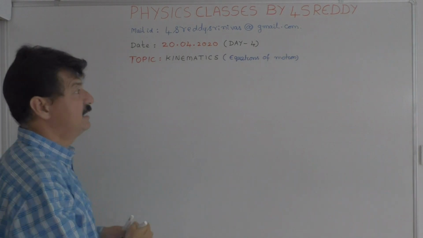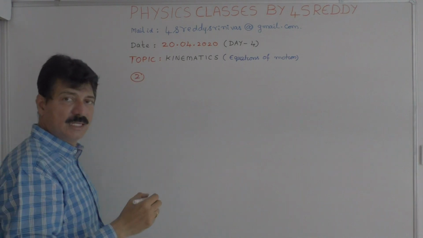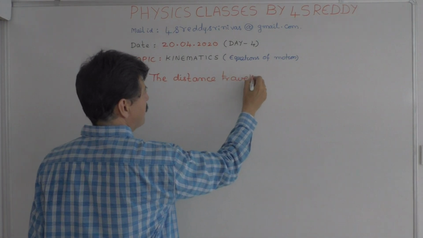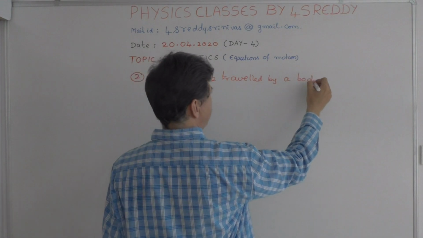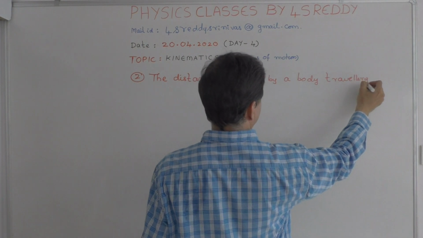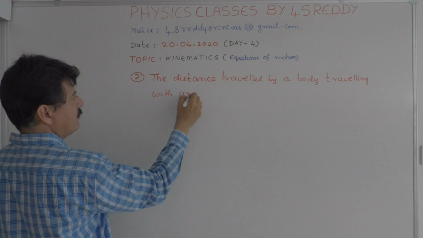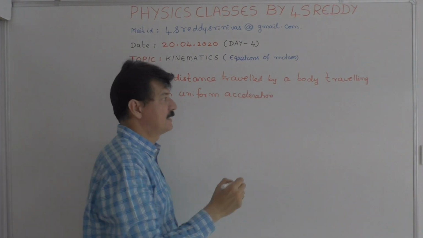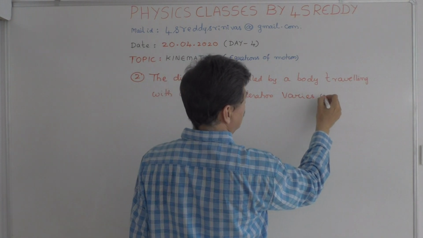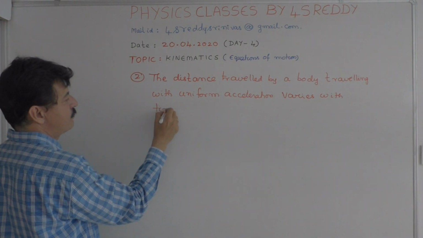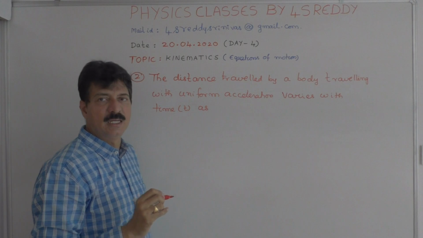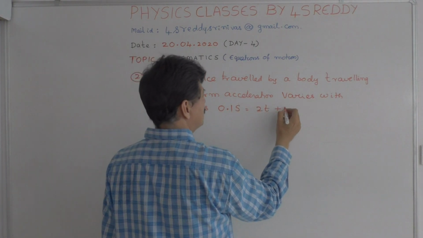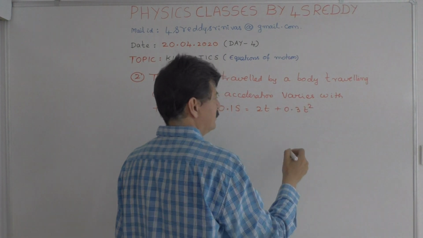That is, the second question is like this. For example, you are given that the distance traveled by a body traveling with uniform acceleration varies with time t as it is given by 0.1s is equal to 2t plus 0.3t square meters.